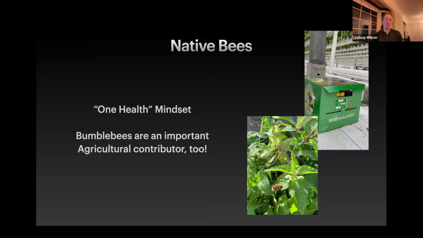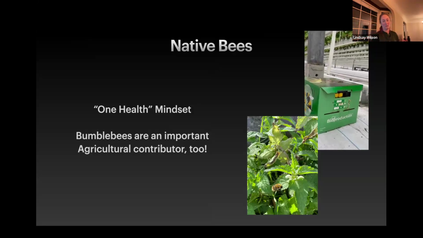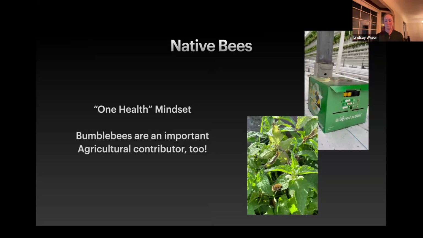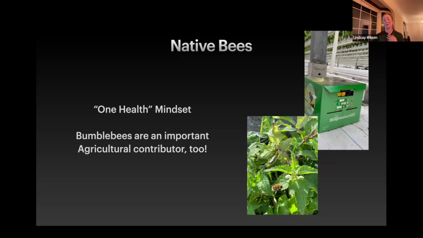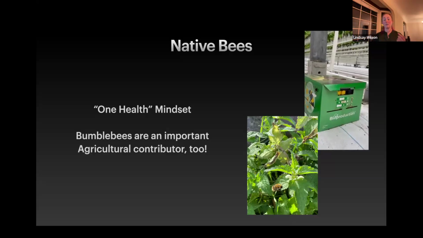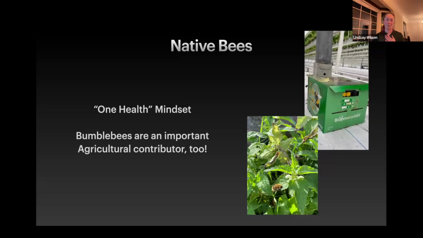This is how Tropilaelaps moved from one type of honeybee to another. We were housing them together. So these conditions are necessary for us to run our agricultural systems, but we as beekeepers, I feel, have a responsibility to be mindful that the health of our honeybees impacts our neighbors' honeybees, our agricultural system, but then also the native bees who are here long before us, hopefully will be here long after us, and that are a really important contributor to agriculture as well.